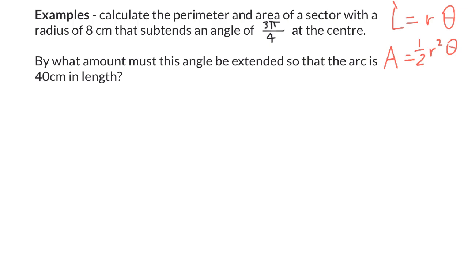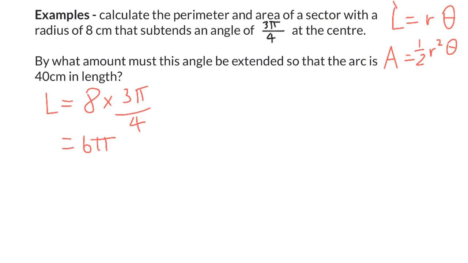For our first part here, I'm going to say my length is r, 8, multiplied by theta, 3 pi over 4. Now, 8 times 3 pi over 4 gives me 6 pi. It's 24 pi over 4.